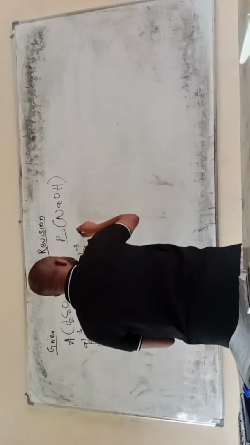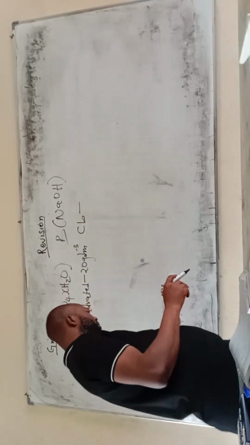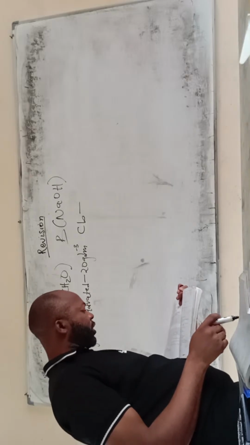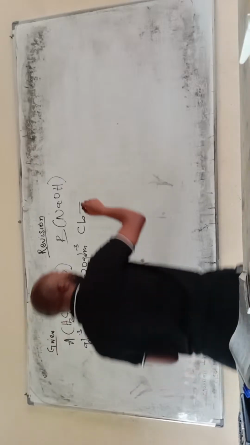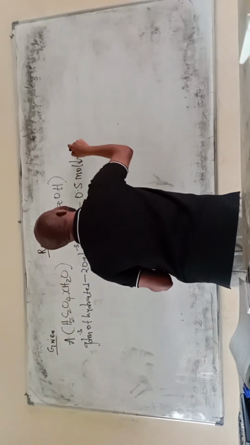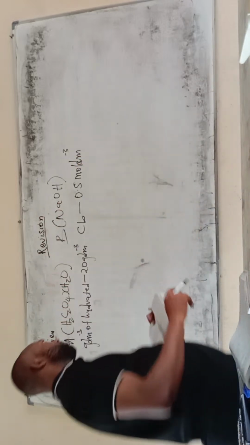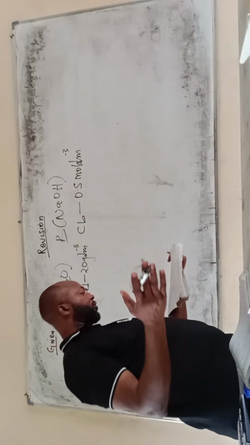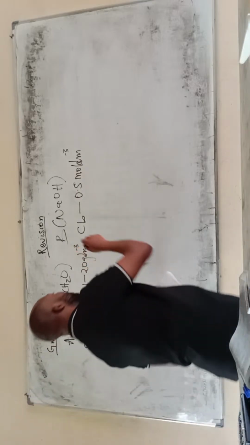CB is given here also: solution B is a solution of sodium hydroxide containing 0.5 mole per dm cube. So here I have 0.5 mole per dm cube. That's the molar concentration. That is all, they didn't give us that of A. Now, we've gotten this, so we can actually come back.